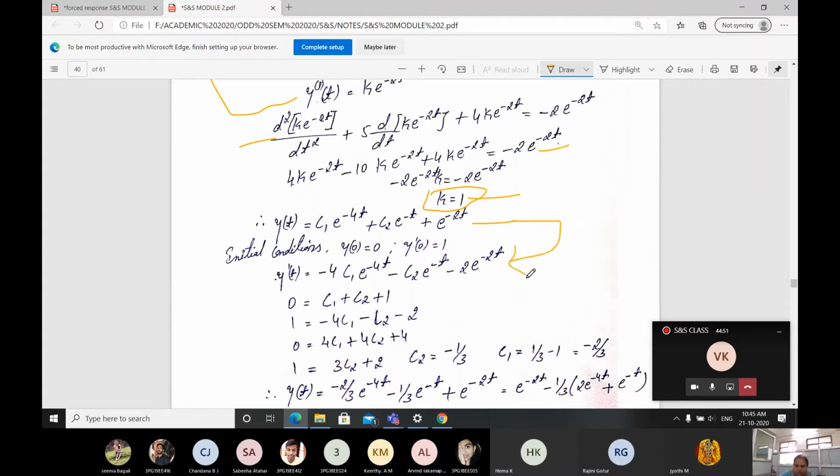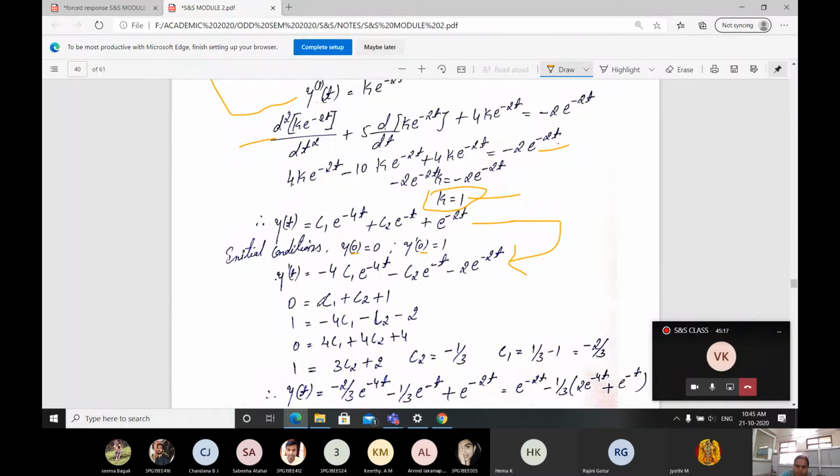After differentiating y of t, you will get y dash of t as minus 4 c1 e raised to minus 4t minus c2 e raised to minus t minus 2 into e raised to minus 2t. Then what you have to do? Substitute t as 0.